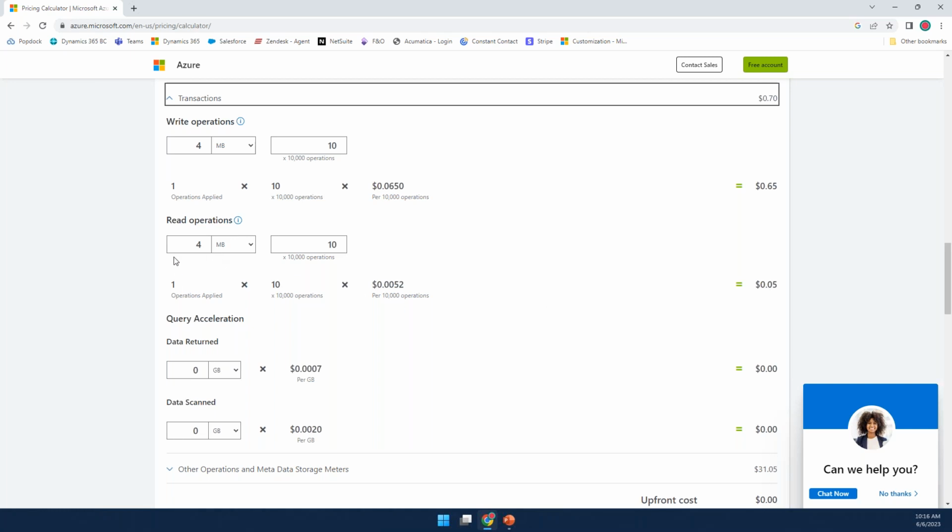Now, I'm going to spell out one thing since we're digging in deep on the costs on this. If you have a sharp eye, you can see that it has the read operations. Now, one interesting technical part of a data lake is that each read only is 4 megabytes. So it's basically broken up into little bits. So why do I spell this out? If you're pulling down a file that's 100 megabytes, that is the equivalent of 25 reads.